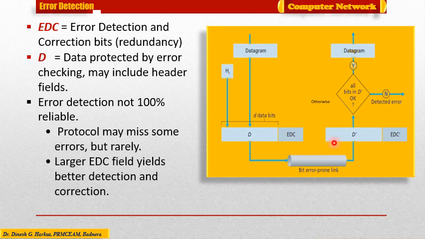Here, on receiving the data, some mechanism must be there to detect whether the data received is error free or not. If it contains an error, it simply needs to detect the error and that data is discarded. Otherwise, data is passed on to the upper layer in the protocol stack.